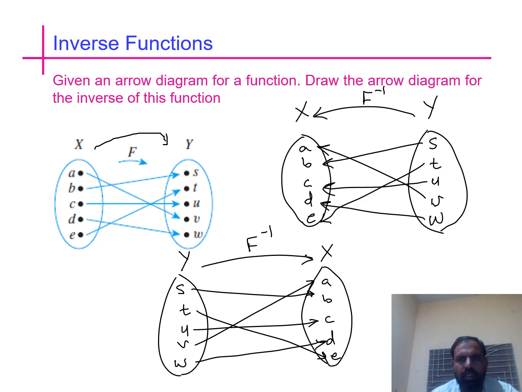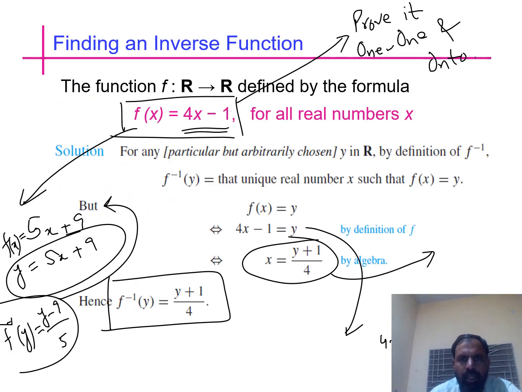If we talk about the inverse function, then it's from y to x, so it's f inverse. In f inverse, outputs become a b c d e and inputs become s t u v w, which is shown in this diagram.